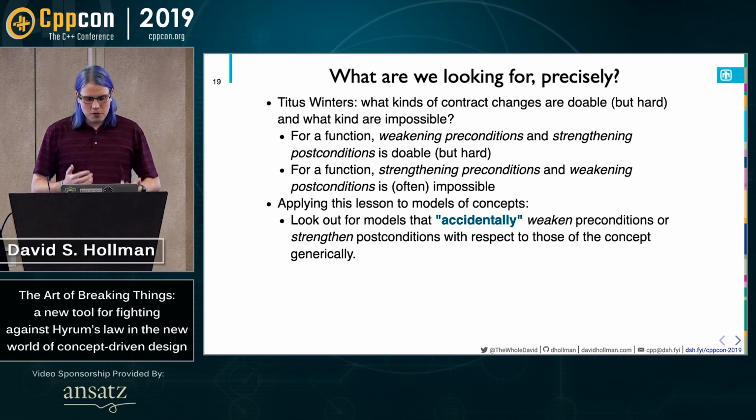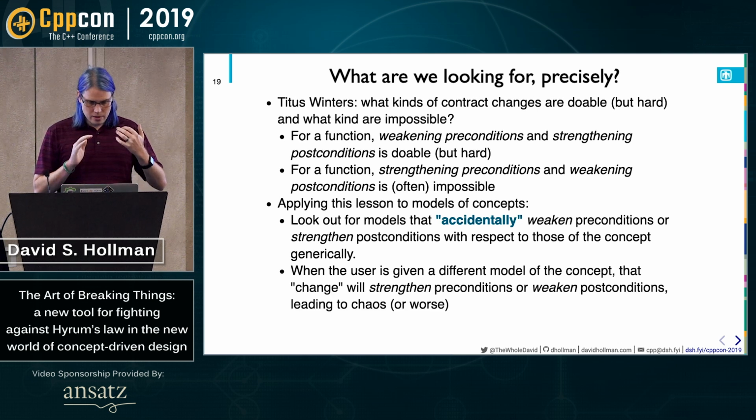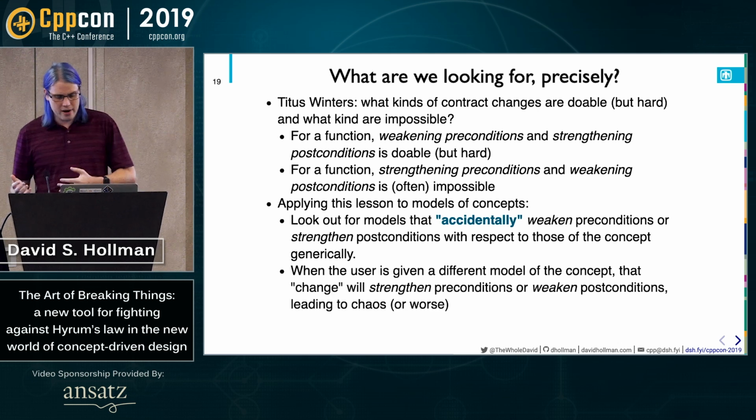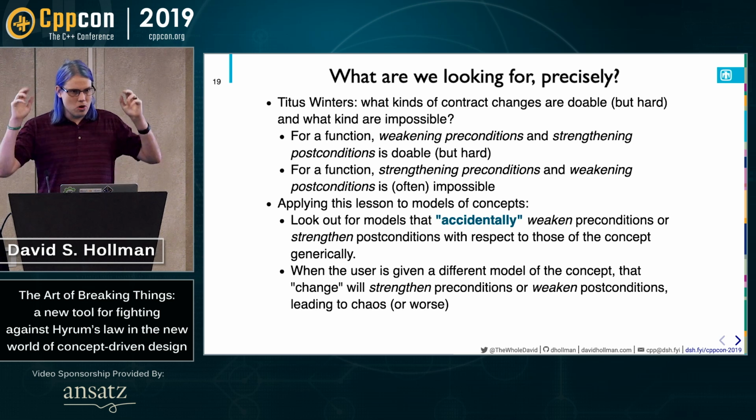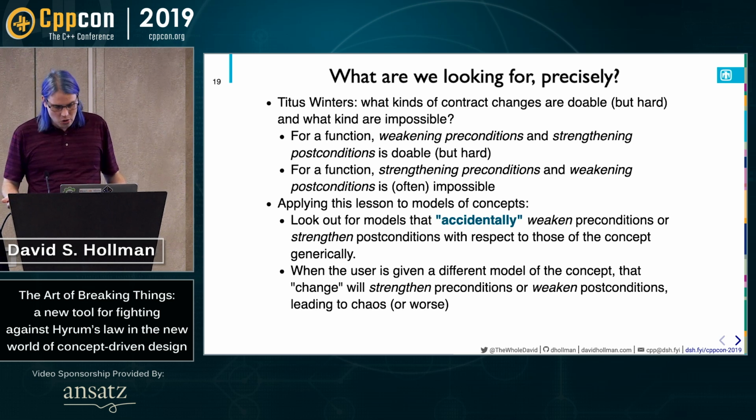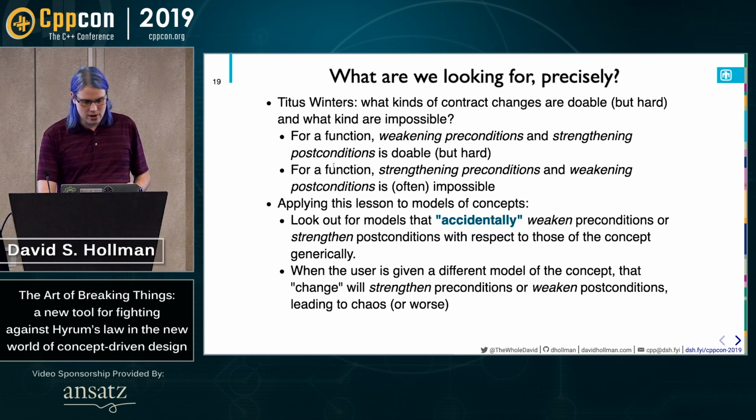You want to look for models that accidentally weaken preconditions of your algorithms or accidentally strengthen postconditions of your algorithms. The reason for that is that when the user is then given a different model of that concept, that quote-unquote change, which isn't really a change in the code, but is a change in their test or a change in their use case, will strengthen preconditions or weaken postconditions, which leads you to the second case up here of the impossible changes.